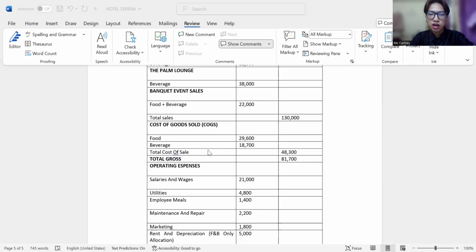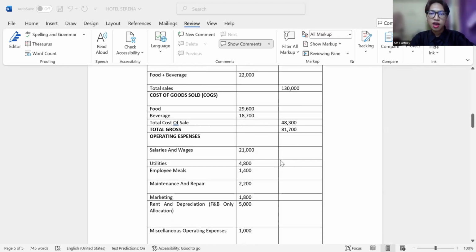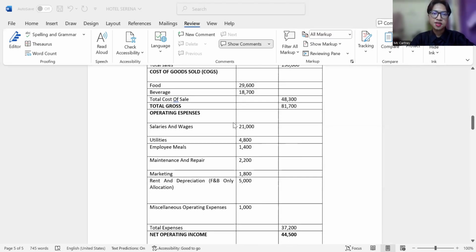The total cost of sales after adding these two is 48,300. To get gross profit, we need total sales and total cost of sales: 130,000 minus 48,300, and we get 81,700.